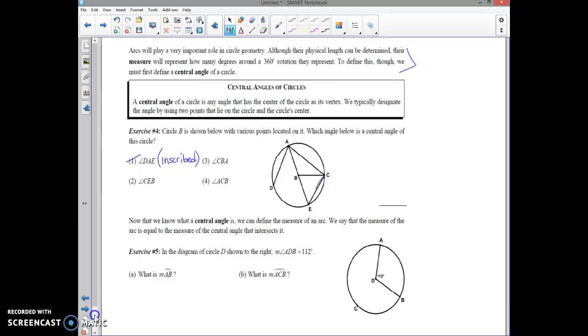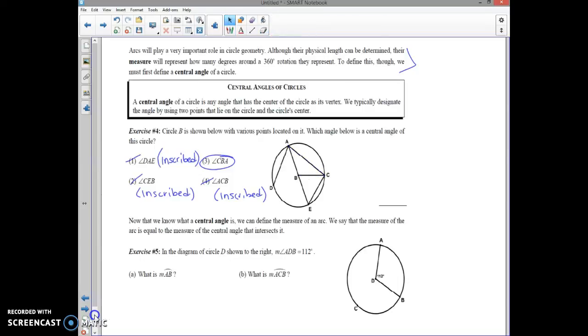CEB again touches the outside of the circle. This is again inscribed, so therefore it is not the central angle. It doesn't touch the center of the circle. CBA does touch the center of the circle. And ACB, again, is called an inscribed angle because it touches the outside of the circle.